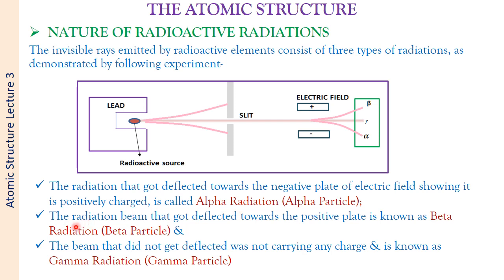And then the radiation beam that got deflected towards the positive plate is called the beta, and the one which did not get deflected, was not carrying any charge, that is the gamma radiation. So here, one which is getting deflected towards the positive plate is the beta radiation, one which is getting deflected towards the negative is the alpha, and one which did not get deflected is the gamma radiation.